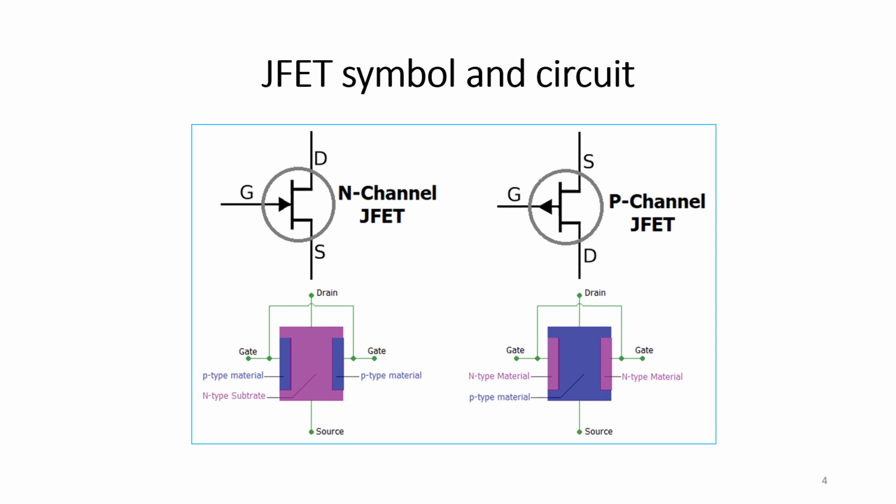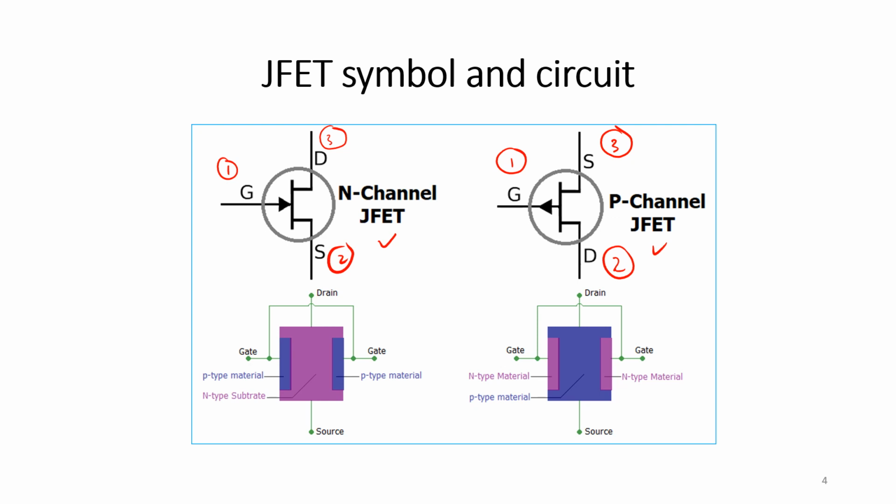This figure represents the JFET symbol in a circuit. There are two types of JFET, which are N-channel JFET and P-channel JFET. In the symbol, there are three important terminals, which are gate, source, and drain. The same goes for the P-channel JFET, which has gate, drain, and source.